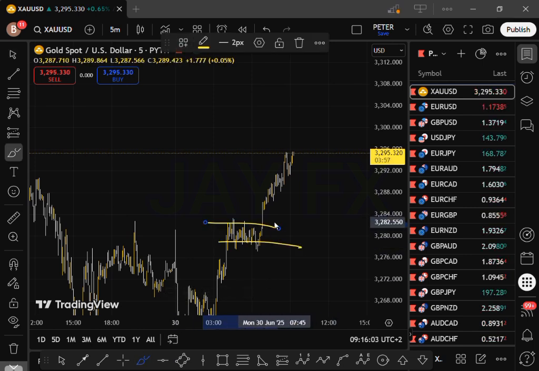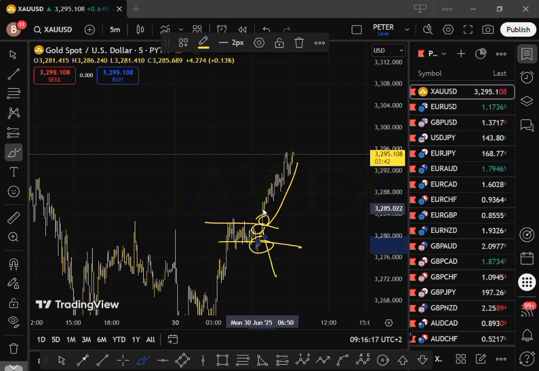This is the part we're talking about where I took the entry after breaking this. So if it was you, you could have sold or bought. If you sold, tell us why. And if you bought, tell us why. But don't say what I said. Tell us from your view.